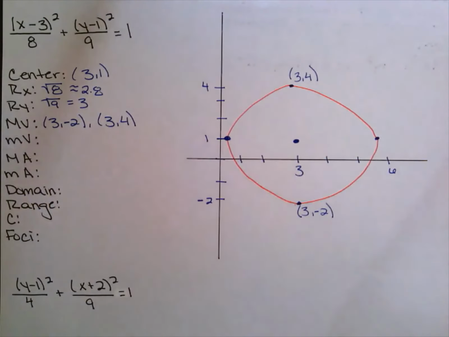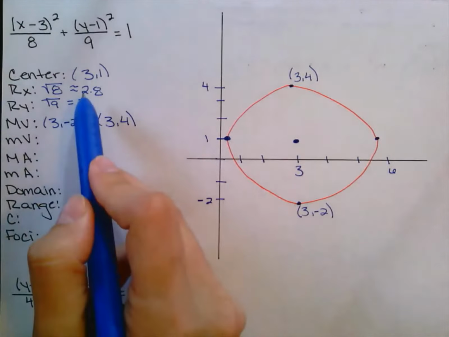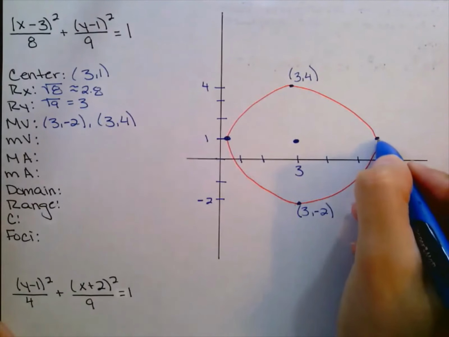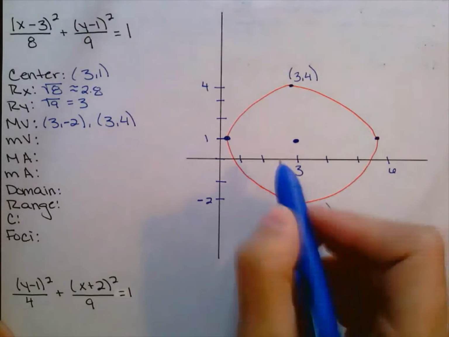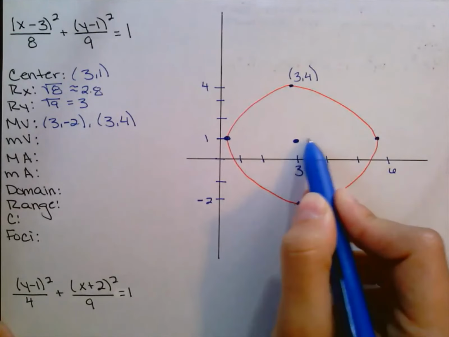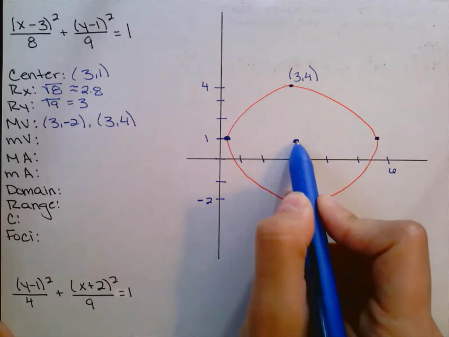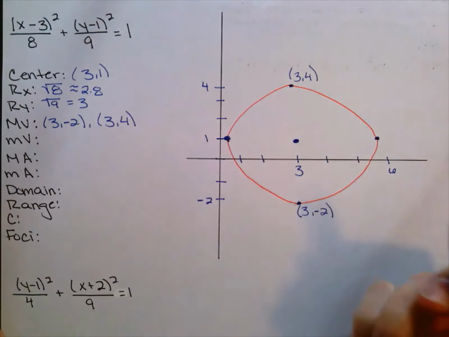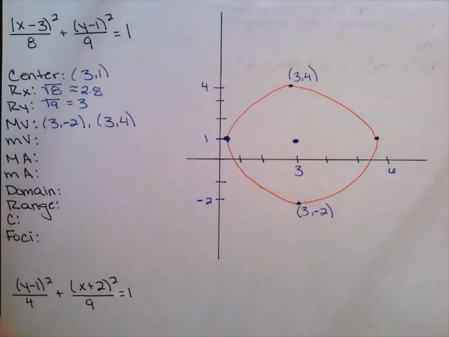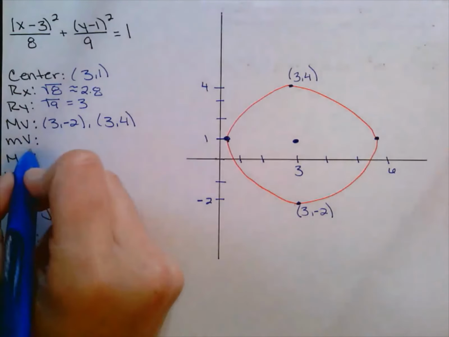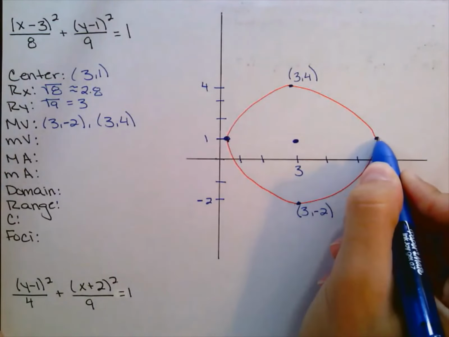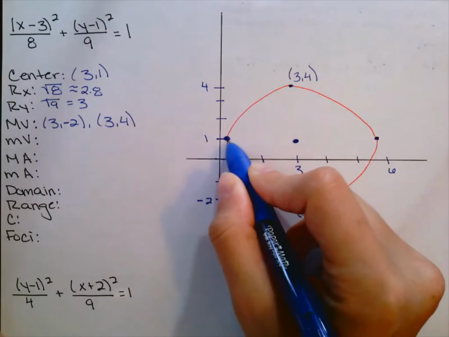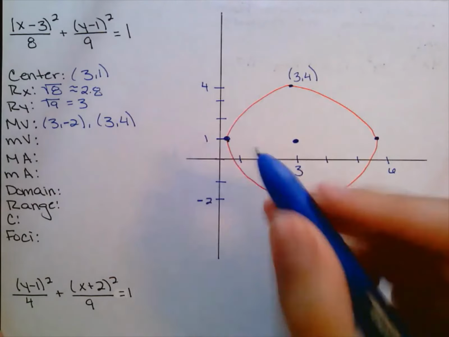Now, I know we're all kind of questioning, Miss, how are you going to do this 2.8? Like, what number is this? So you could either add 2.8 to 3 to find out what this number is and subtract it here, right? Or I'm going to show you a shortcut, okay? If you end up with decimals, you could even do this with your whole numbers, okay? My major vertices is going to be this x value changes and this x value changes, but notice that my y is always 1.